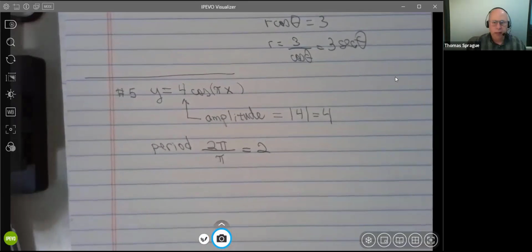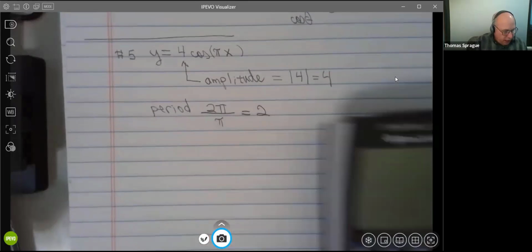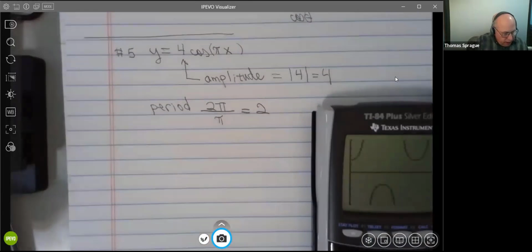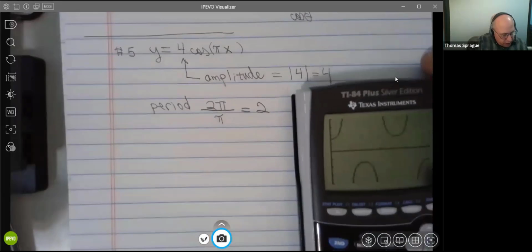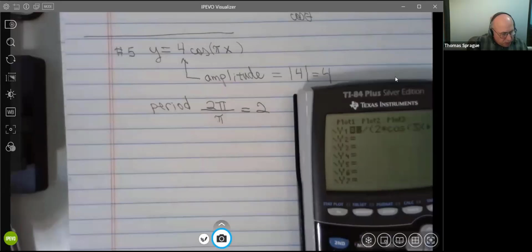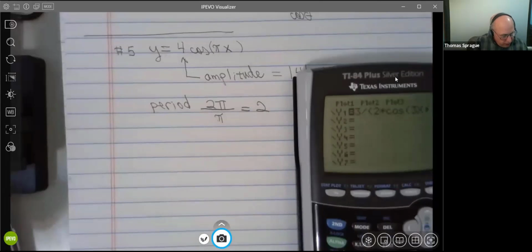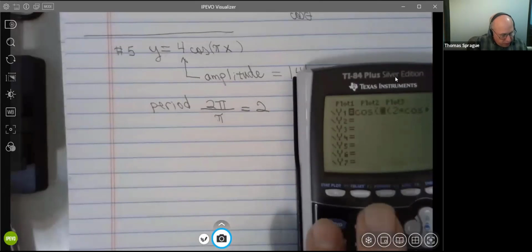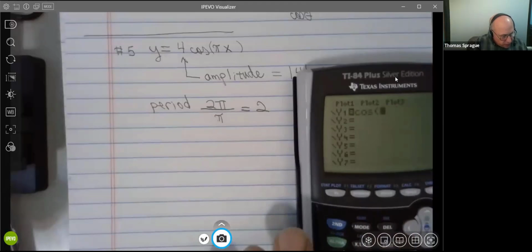And since we can do it so easily, there's no reason I shouldn't show you this. Let's clear, put in the regular cosine of x. And then I'm going to put in this other guy, 4 cosine pi times x.